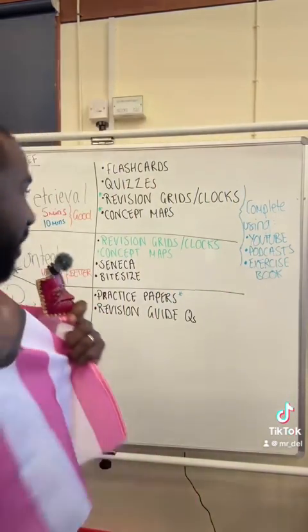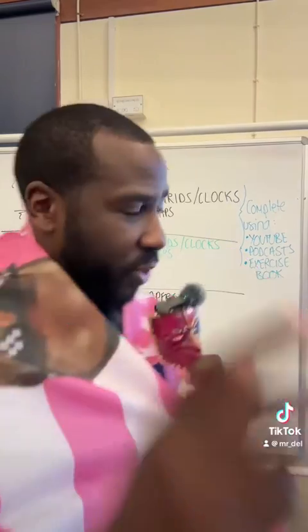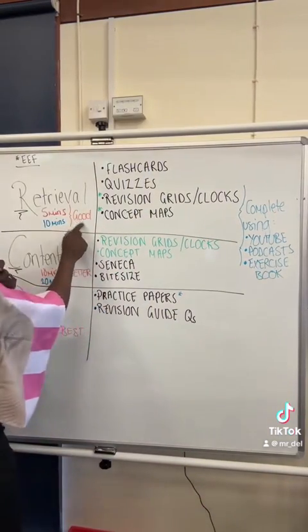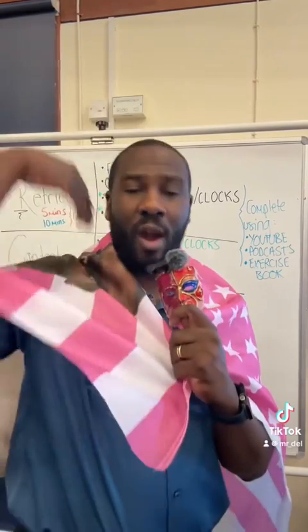Now, it's worthwhile noting that they do go up in scale in terms of their effectiveness, but once again, they're meant to be used all together. So the first thing that you want to do is the retrieval. Now, retrieval practice is basically recovering either things that you may have forgotten or haven't revisited in a long time.